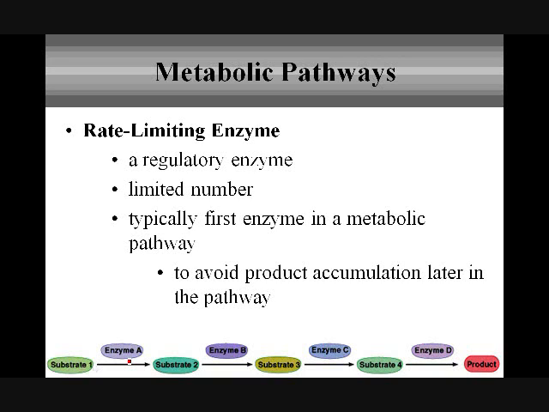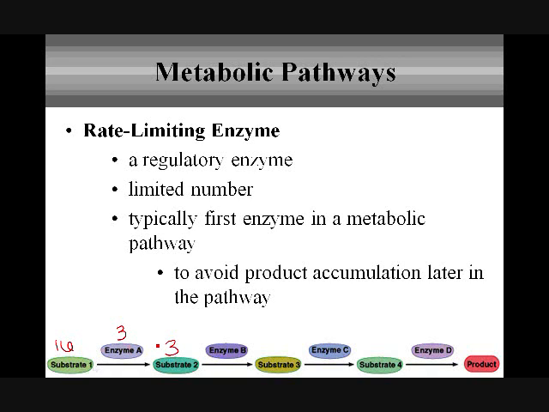So basically it doesn't matter if the substrate concentration increases, because after a certain point the enzyme is basically maxed out. So if there's only, let's say, 3 of enzyme A, then it really doesn't matter if there's 16 of substrate 1, because only 3 are making it through.